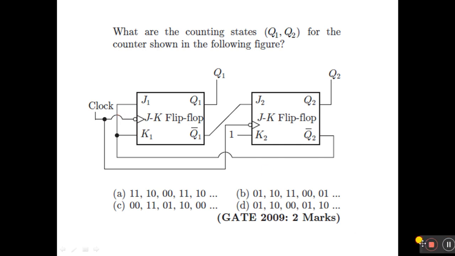The options given are: 1 1, 1 0, 0 0, 1 1, 1 0, which may repeat with this state; or the states 0 1, 1 0, 1 1, 0 0, again 0 1, maybe this answer; or option C, 0 0, 1 1, 0 1, 1 0, 0 0, so maybe it repeats after 10; option D, 0 1, 1 0, 0 0, 0 1, 1 0, so it may repeat after this 1 0.